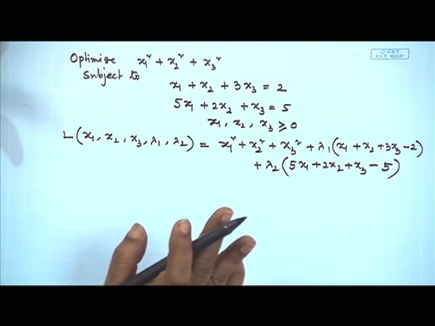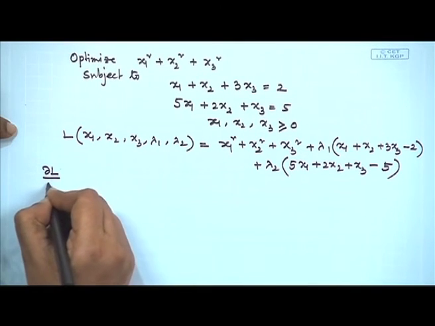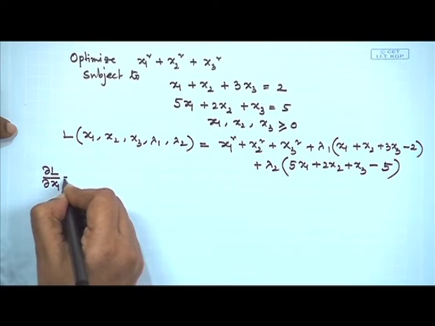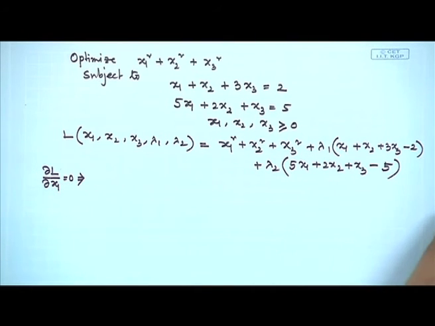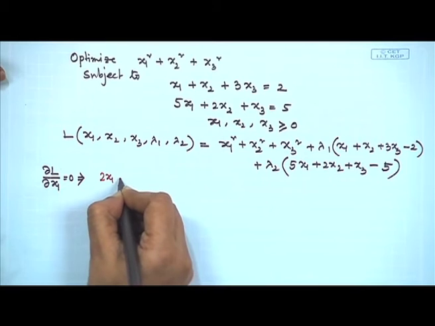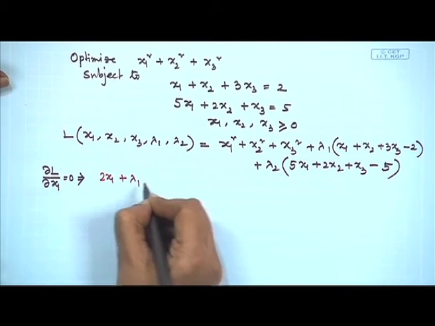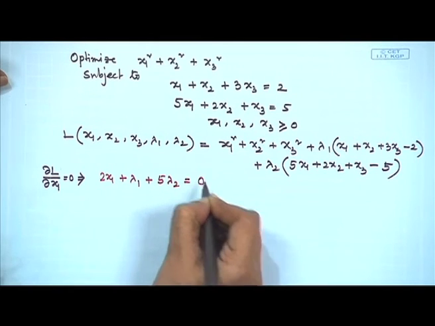Now we have to optimize this Lagrange function. That is why let me consider the first order necessary condition. Del L by del x1 is equal to 0 gives us 2x1 plus lambda 1 plus 5 lambda 2 equal to 0.